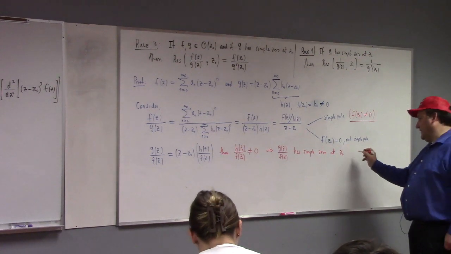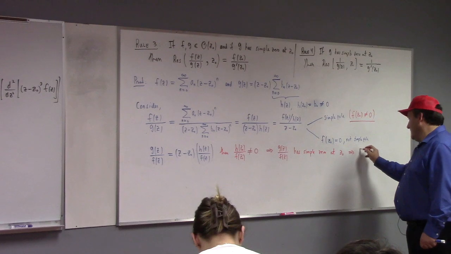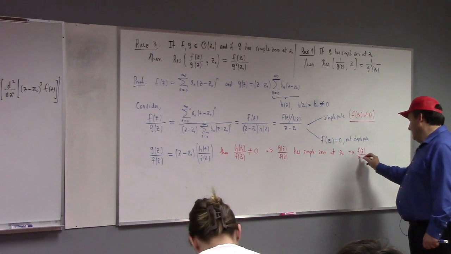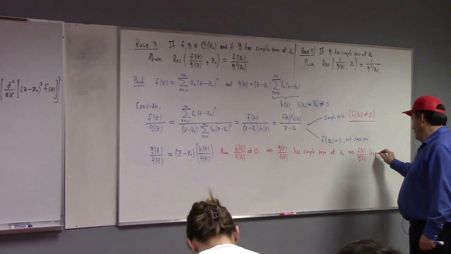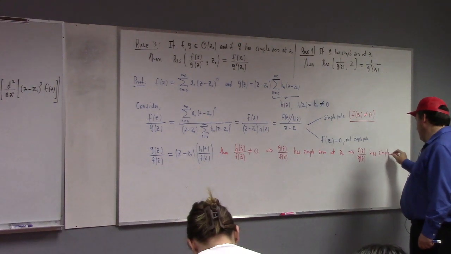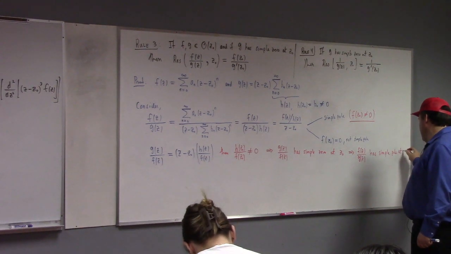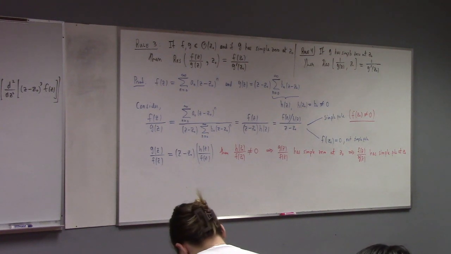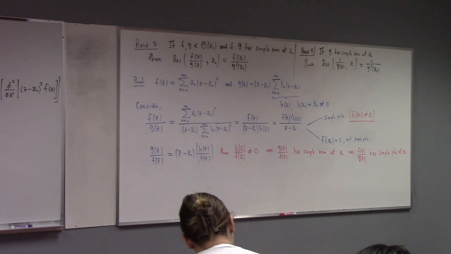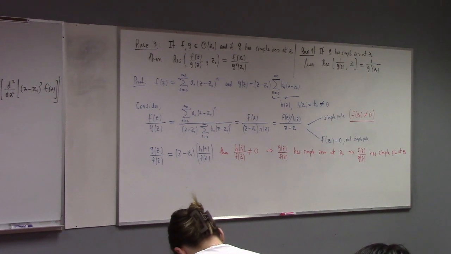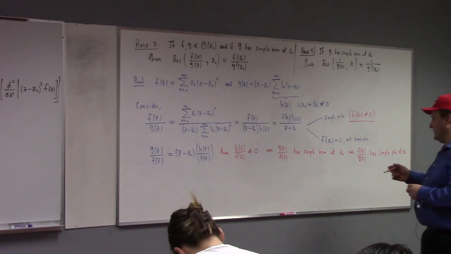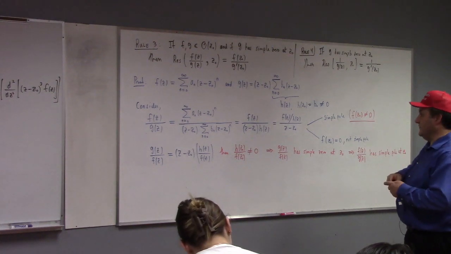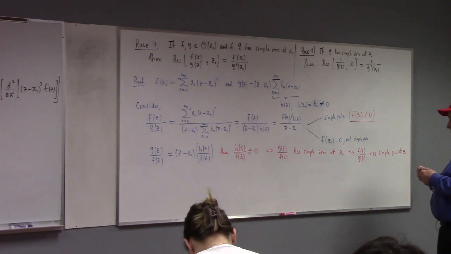And if that is the case, then that implies that f of z over g of z has what? A simple pole at z naught. And then we could use one of the previous rules, right? Which rule should we use to calculate the residue then?